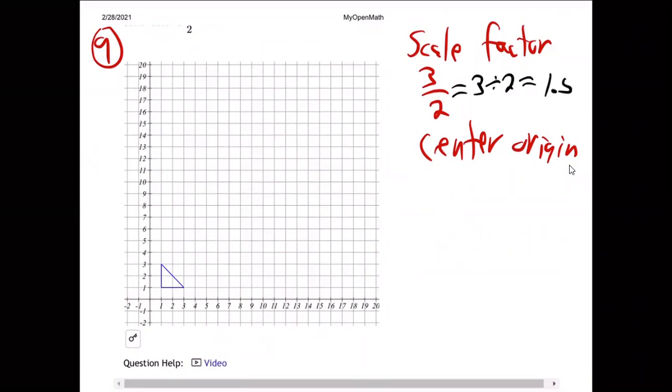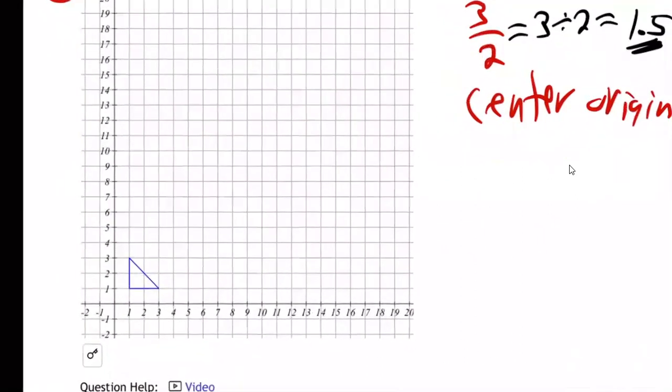So scale factor 3/2 means that it's a 1.5. So they want us to do a 1.5. In other words, make the new triangle 1.5 times as big. So let's do that.